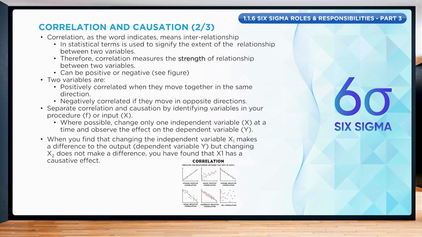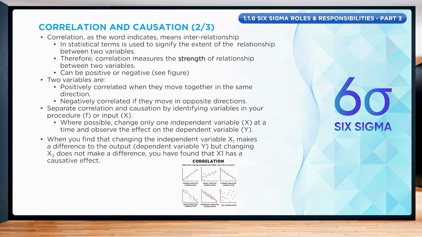Now, the two variables can be positively correlated when they move together in the same direction, like the first example of strong positive correlation. Or they are negatively correlated if they move in opposite directions, just like in the strong negative correlation. We may also have some cases when there is no correlation at all between two variables, an x and a y.